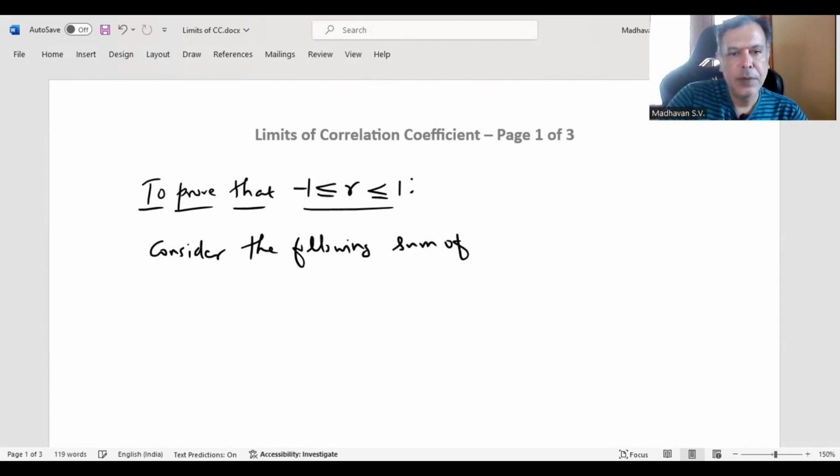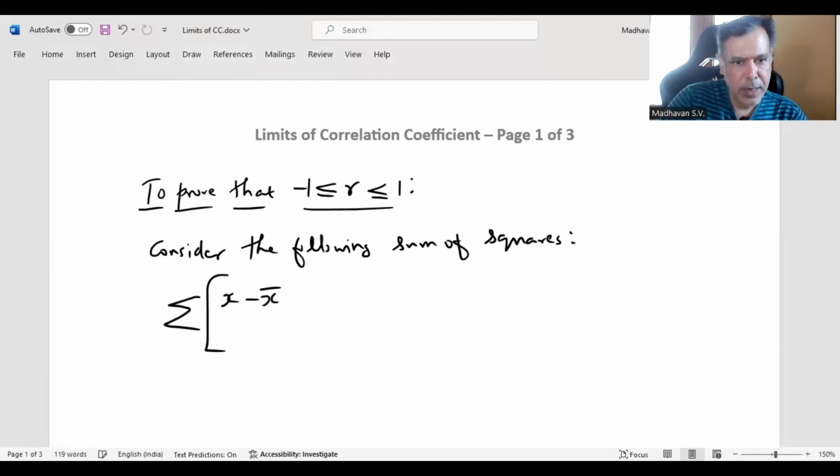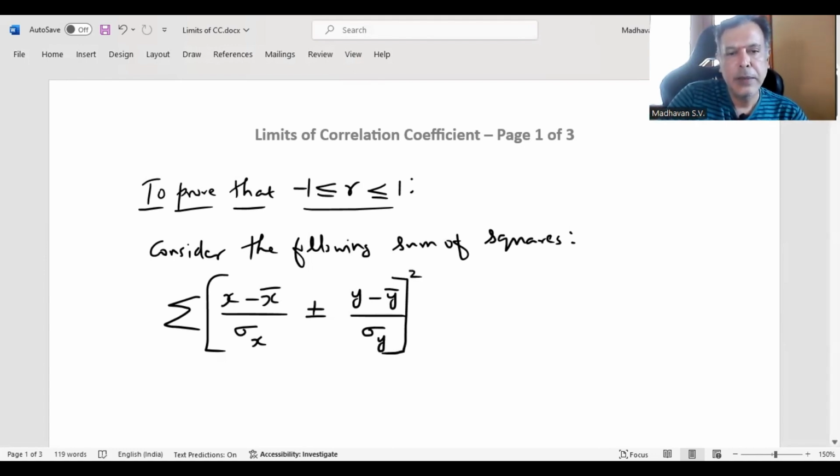Summation, inside a box bracket, we are going to write x minus x bar divided by sigma x plus or minus y minus y bar divided by sigma y, the whole square, where any sum of squares cannot be negative, which means this has to be greater than or equal to 0.